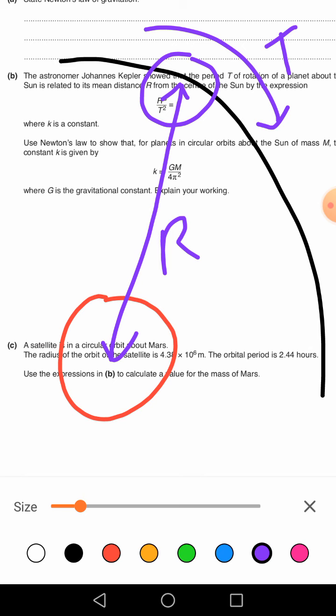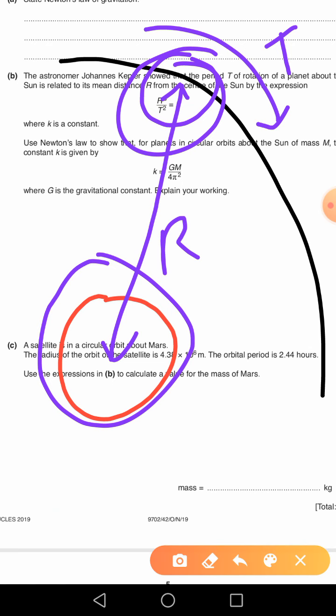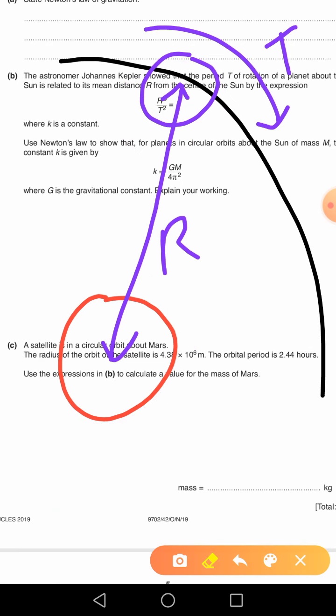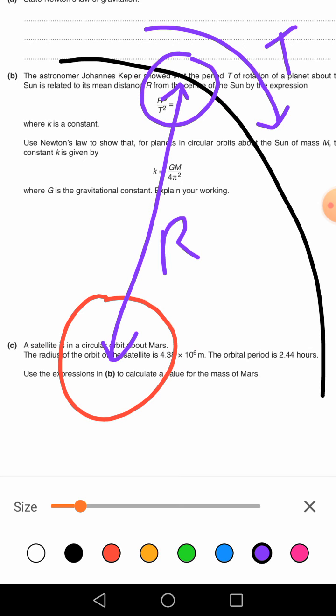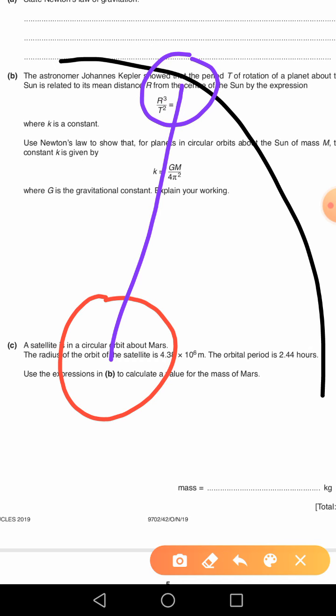Now tell me, which force is operating between the sun and the planet? The operating force is the force of gravitation between the sun and the planet. And Newton's law says that the force of gravitation, in case of both the objects that are attracting each other, would be equal.